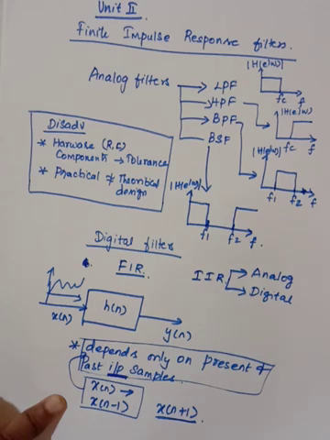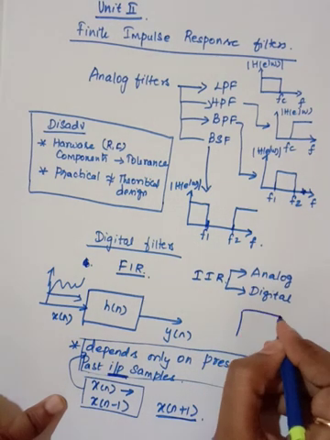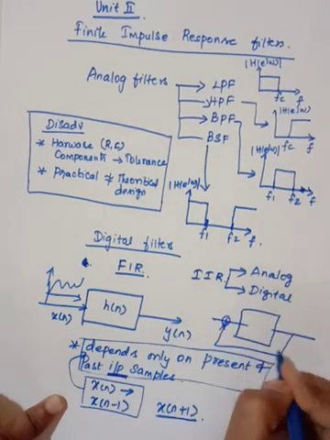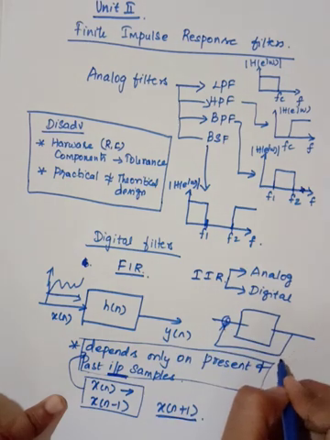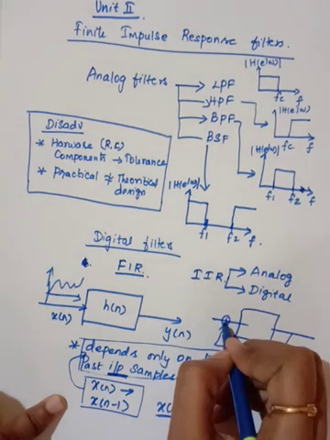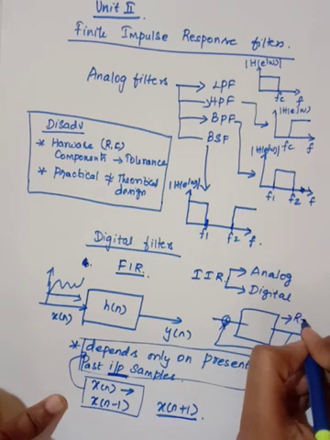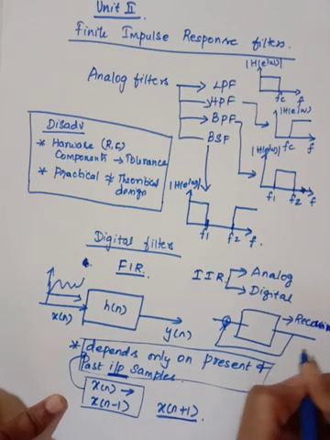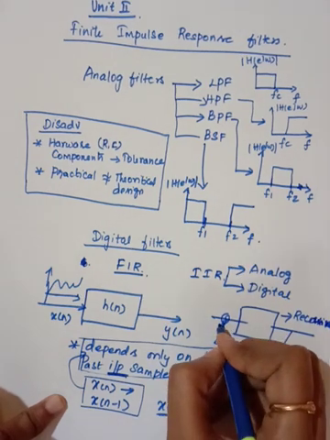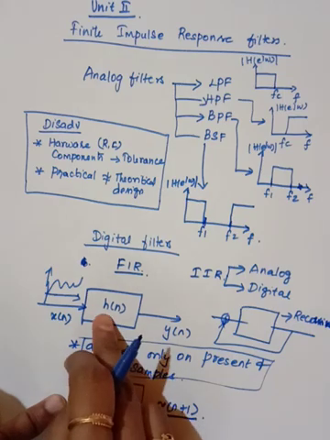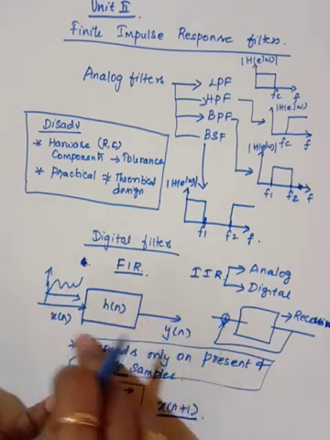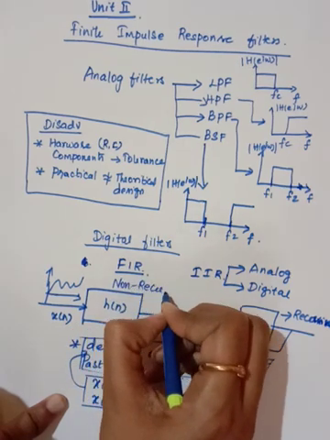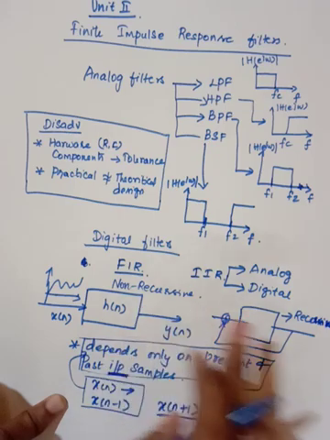If it depends upon input and output values, we need to take the output and feed it back to the input. So there is a feedback in the system, and this is said to be a recursive system. In the FIR filter there is no feedback, hence it is said to be a non-recursive system. This is the difference between an FIR and the IIR filter.